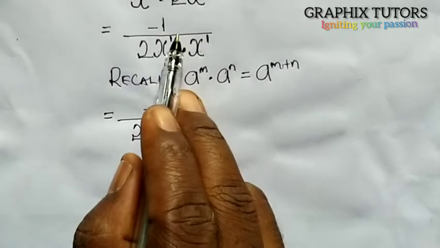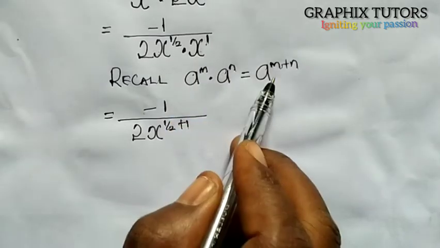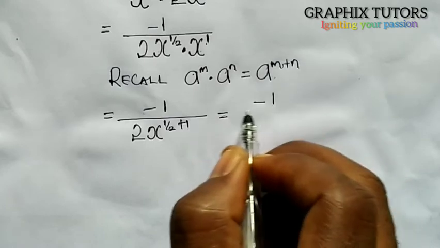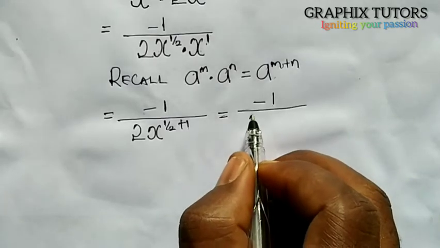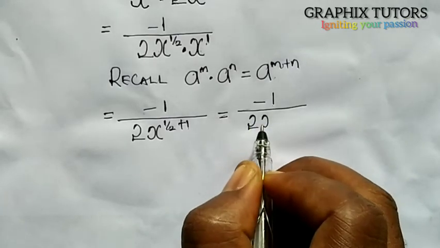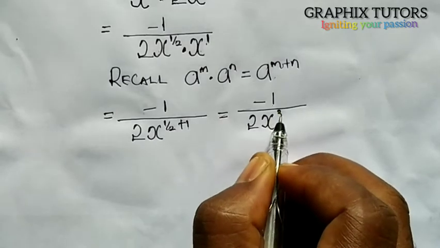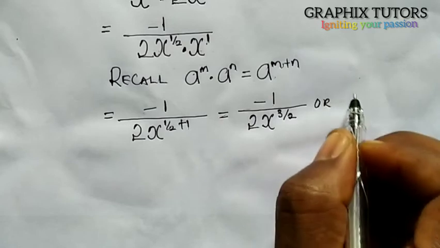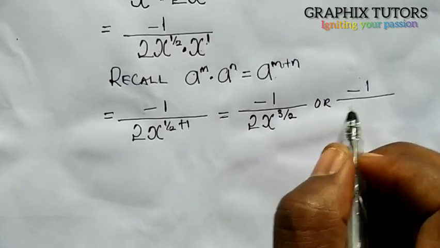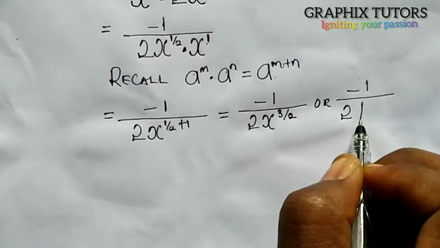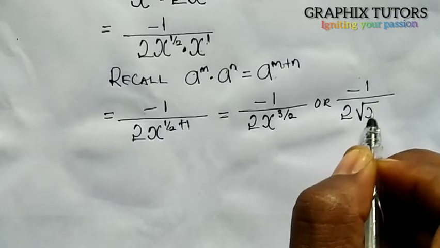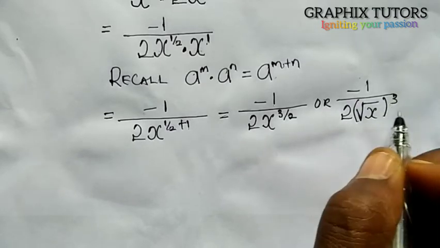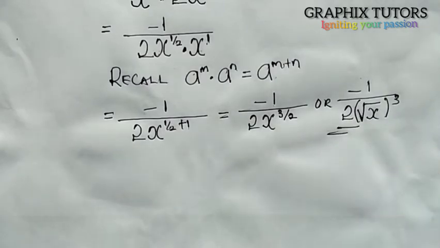So 1 over 2 plus 1, you just take the LCM, and this will now give me minus 1 all over 2x to the power 3 over 2, or you say minus 1 all over 2 root x, raised to the power of 3. Any of them is correct.